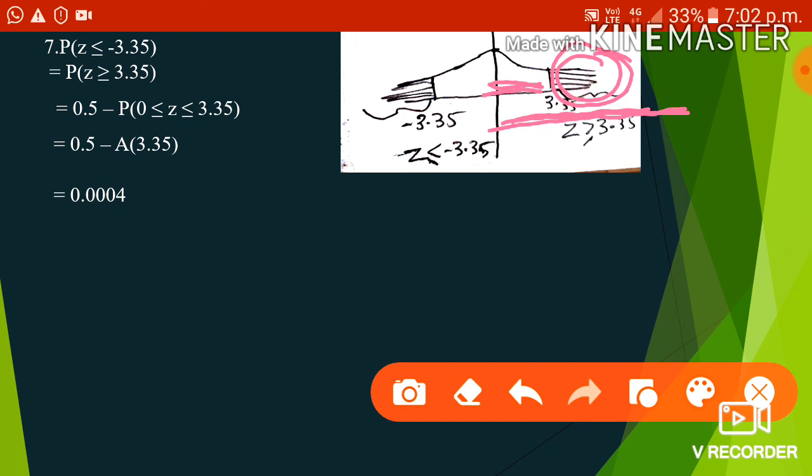So 0.5 minus A of 3.35 is 0.0004. So that we have to remember: if we have to write A of 3.35, the area under the curve, always it is 0 to 3.35. We can write it as A of 3.35.